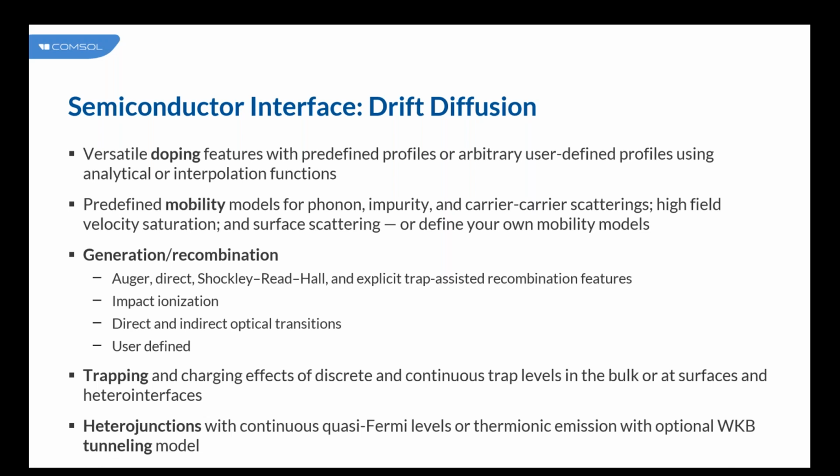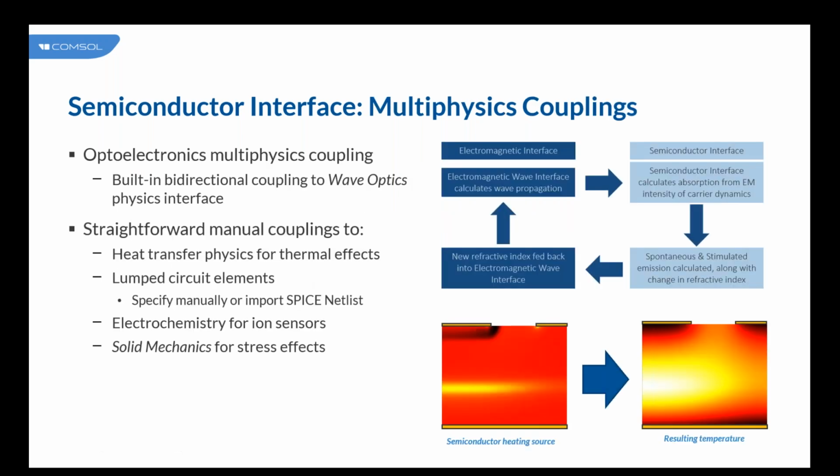I want to come to the example, I can mention a little bit more about that. So multiphysics coupling is one of the big advantages COMSOL provides. And it could couple majorly with our Wave Optics module.